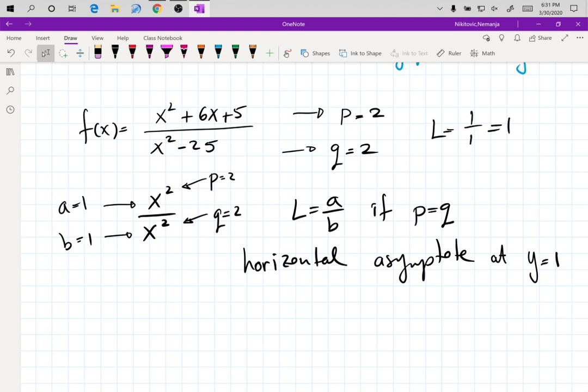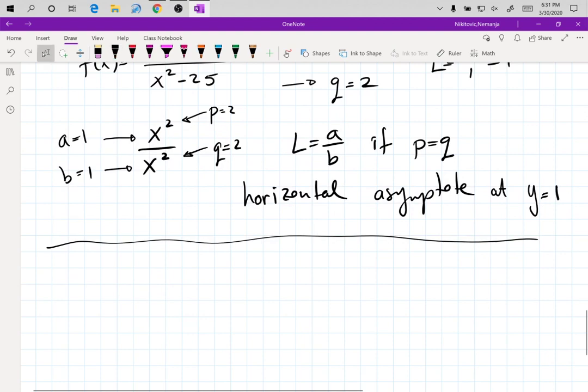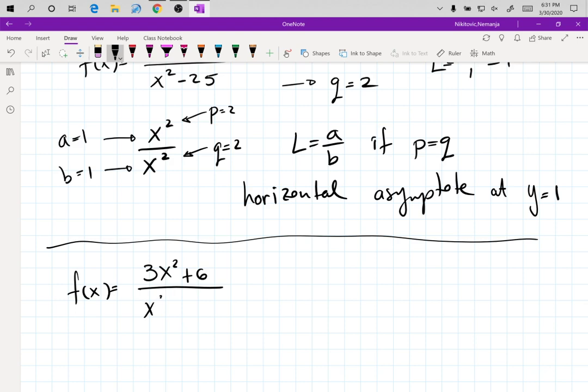Okay, so the next example would be, let's say f of x equals 3x squared plus 6 divided by x cubed plus x minus 12, whatever. We are looking at leading terms only.